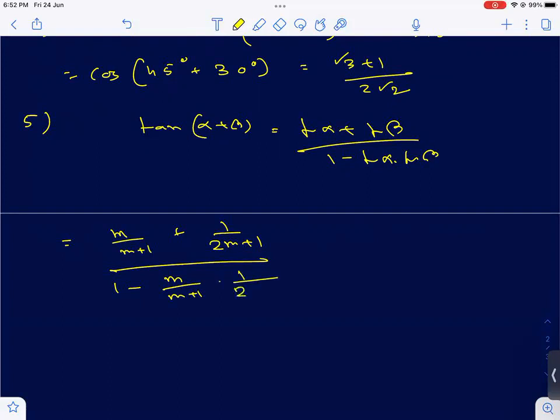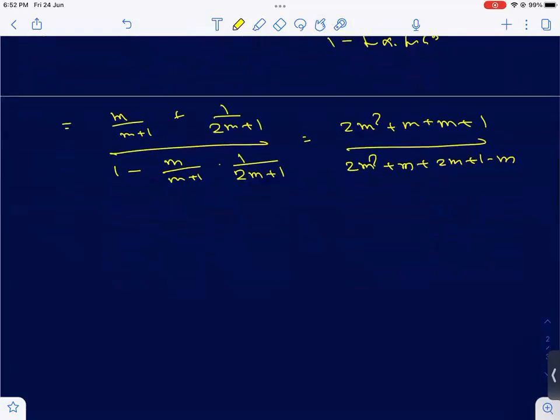m by (m plus 1). All these sums which have been given are for the school examination level. So if we do the LCM, (2m square plus m plus 1) total divided by (2m square plus m plus 2m plus 1) minus, simple LCM I have done. Just if we calculate, they are getting cancelled, (2m square plus 2m plus 1) total divided by (2m square plus 2m plus 1).